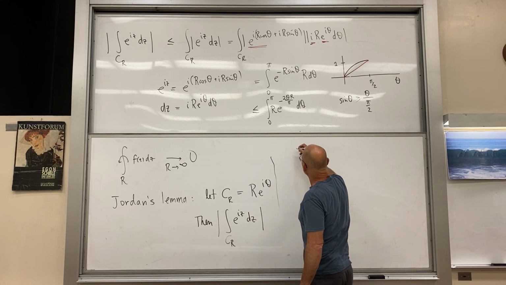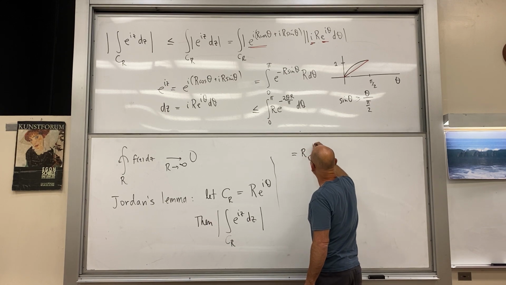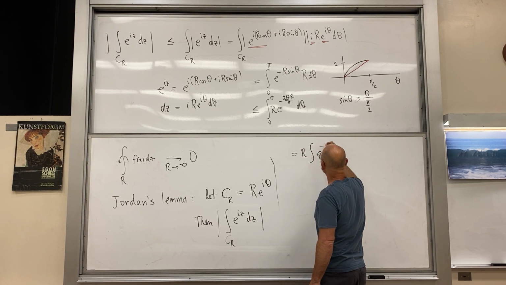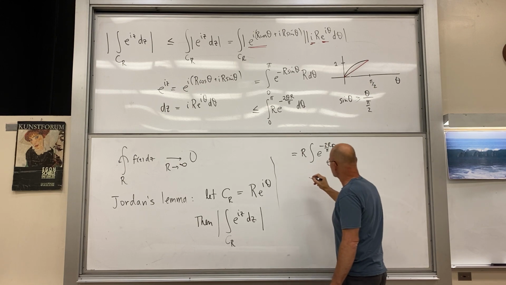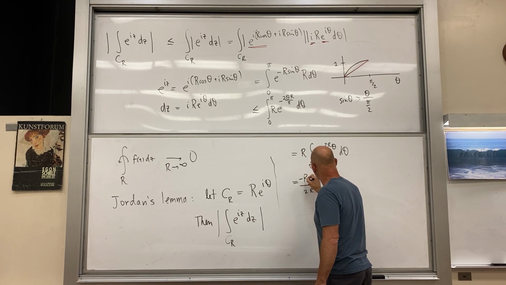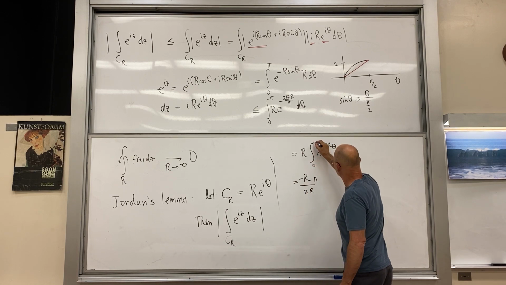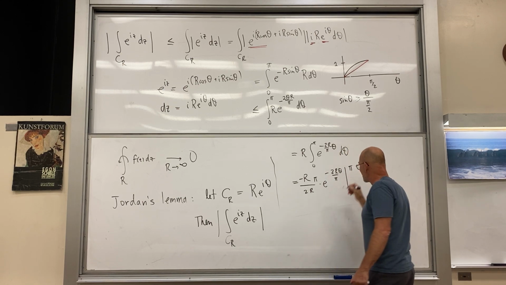So this equals r times e to the minus 2r over pi theta, divided by 2r over pi, minus sine, e to the minus 2r theta over pi, from 0 to pi.